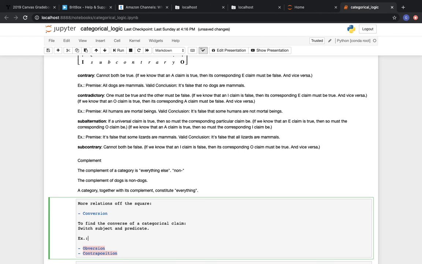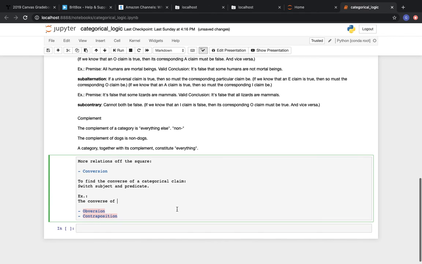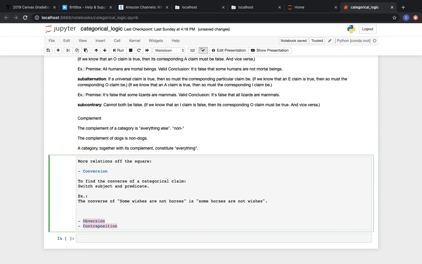Okay, so for an example, the converse of, let's take an O claim, like some wishes are not horses, is some horses are not wishes. Okay. Now the rule of converses, the rule goes like this.